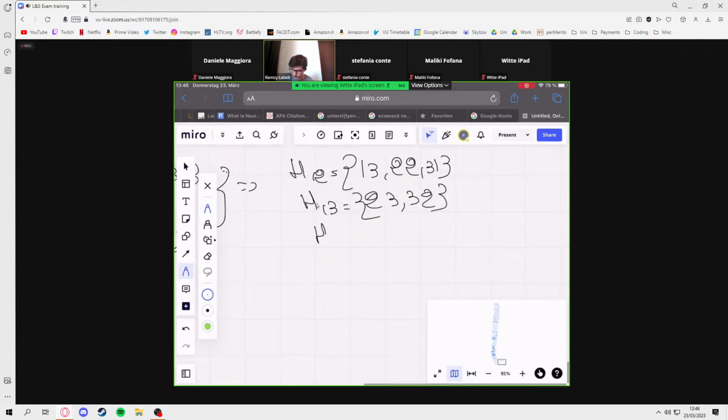And then 21. From here, we still have the same. Goes for 22 as well. Unless it's 23 or 32, then these will be equal to the empty set. By the way, I wouldn't advise using this notation. You should always write each one on its own line during the exam, especially.